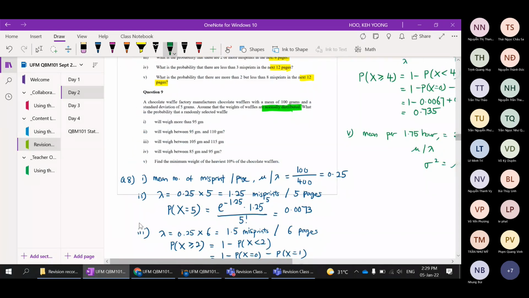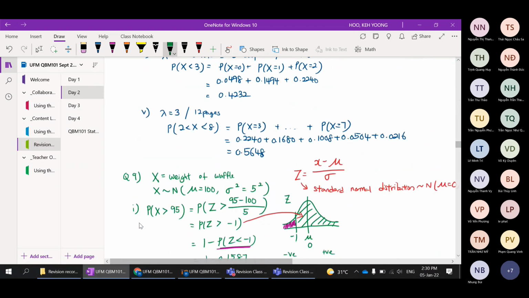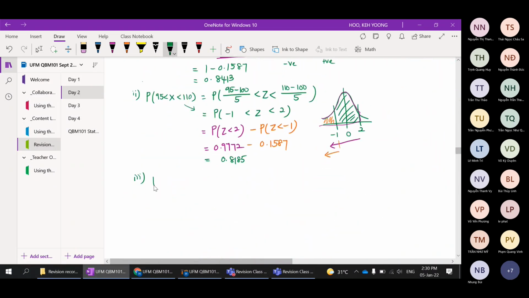Width between 105 and 115. Okay, but basically the idea is the same. You want to find x, just different values only here, 105 and 115.